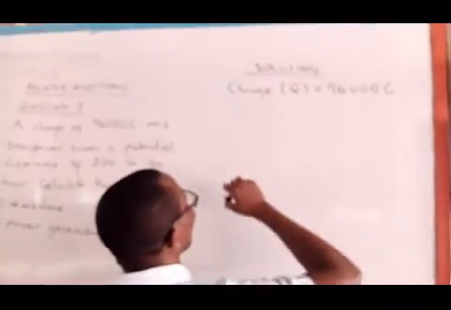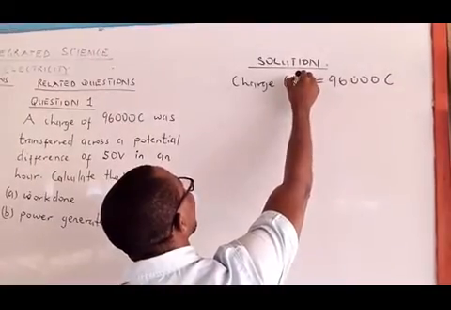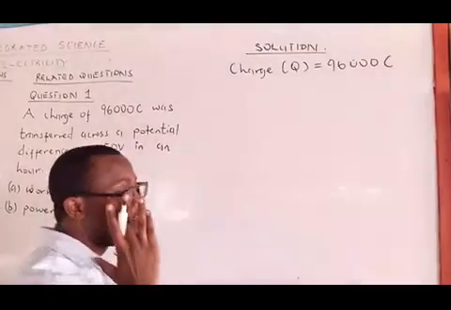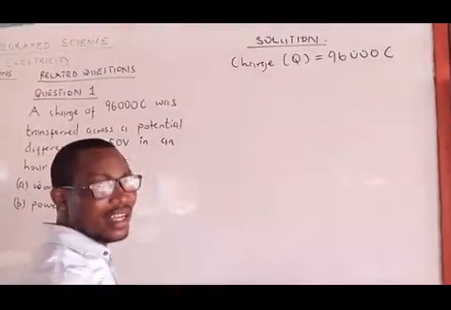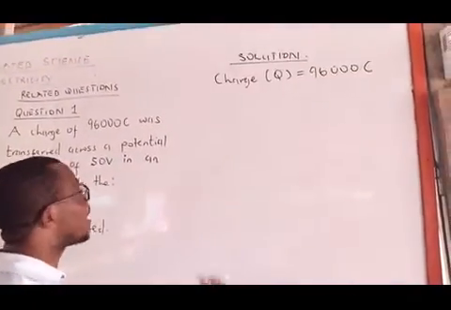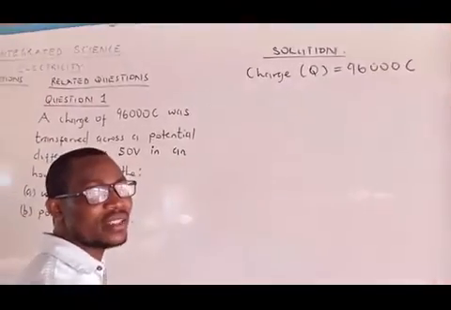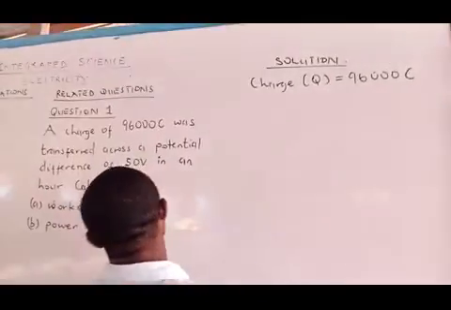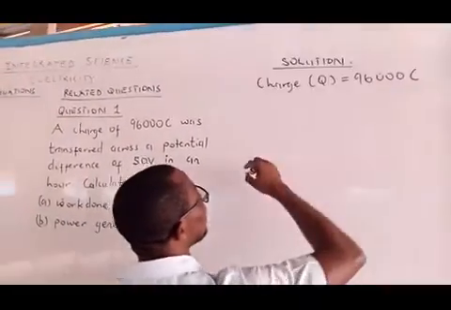Potential difference here. I told you in calculation, your potential difference is the same as the voltage. But in definitions, there's a difference between them. But when it comes to calculation, your PD is the same as the voltage.